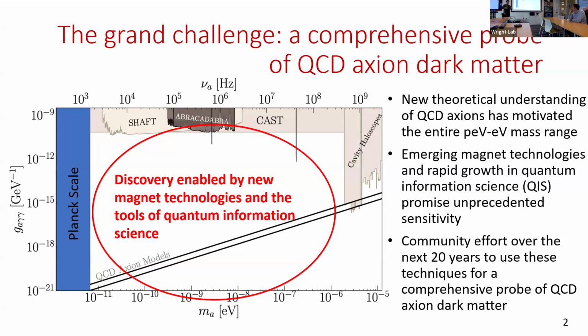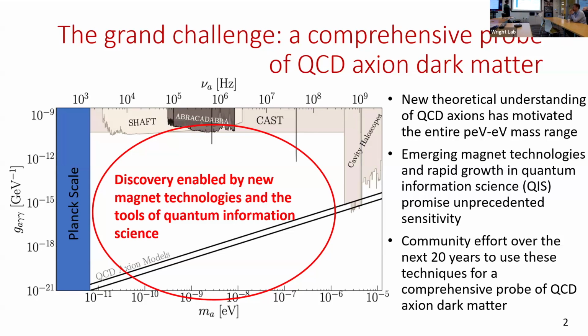And these technologies promise unprecedented sensitivity for axion searches. So the community is banding together, over the next 20 years, to combine these techniques to search for QCD axion dark matter, a comprehensive probe over these 12 orders of magnitude in mass.